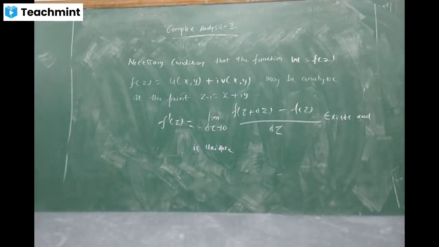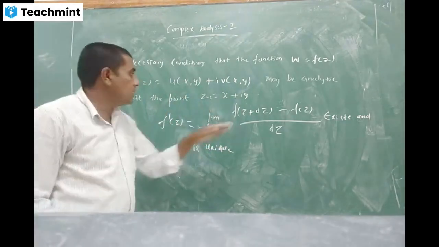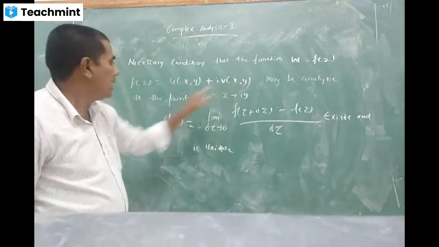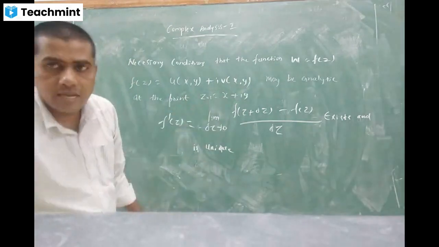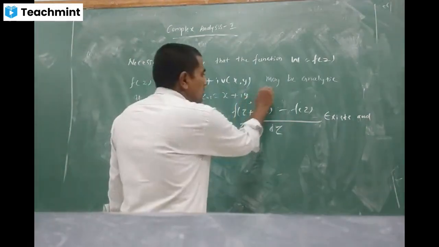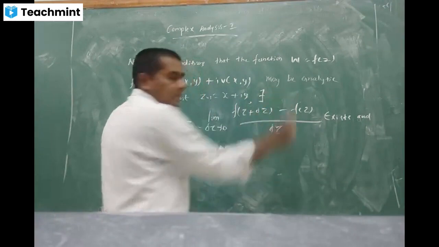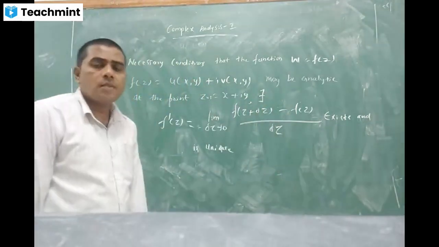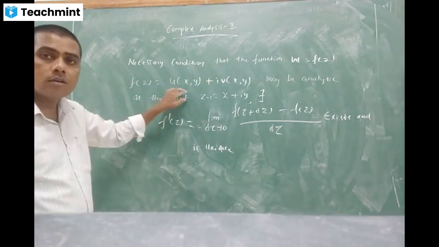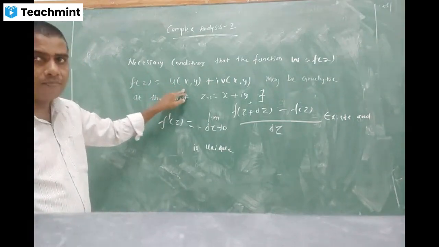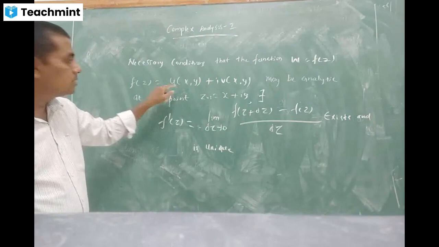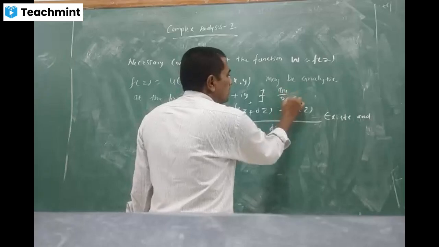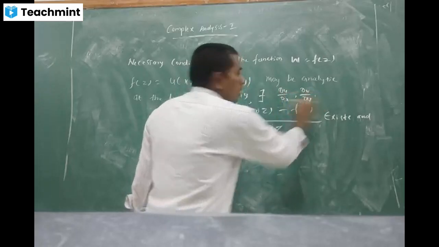Right. Next. In the statement itself they have given that it may be analytic at the point z is equal to x plus i y. Then there exist first order continuous partial derivatives. See, u is a function of x and y, so obviously dou u by dou x, dou u by dou y.